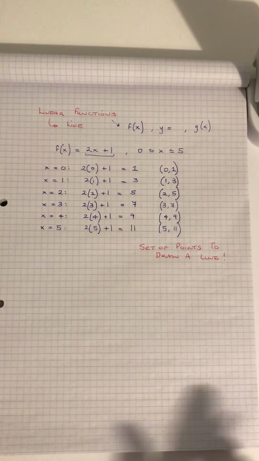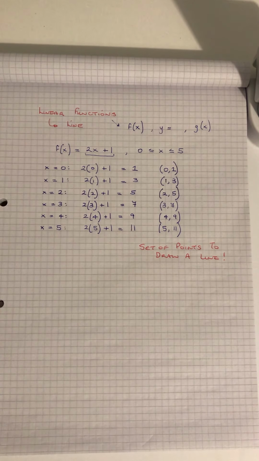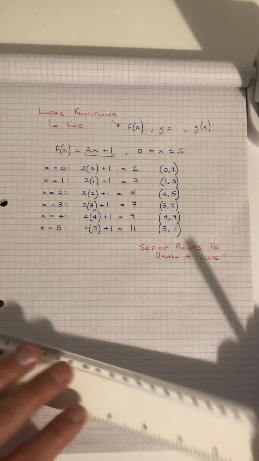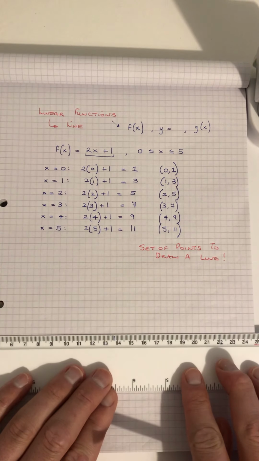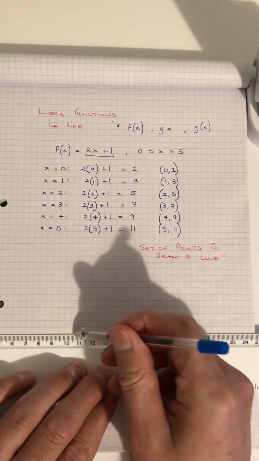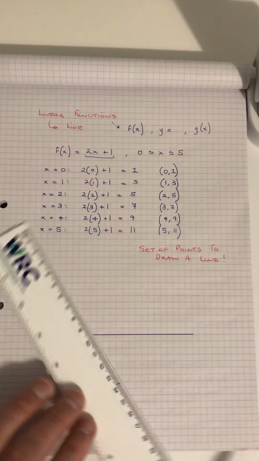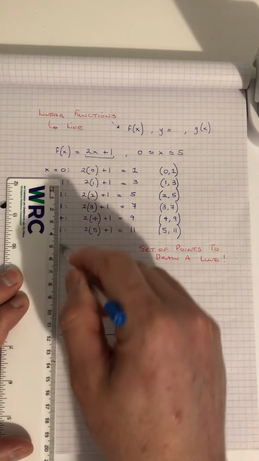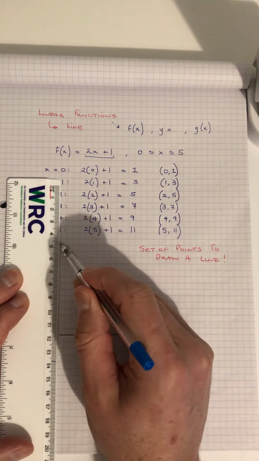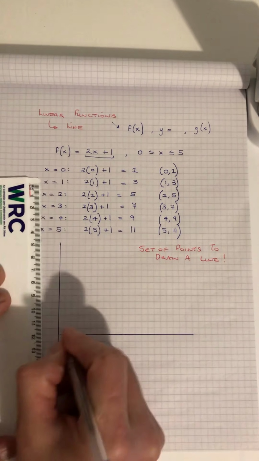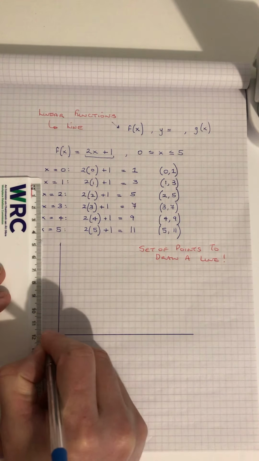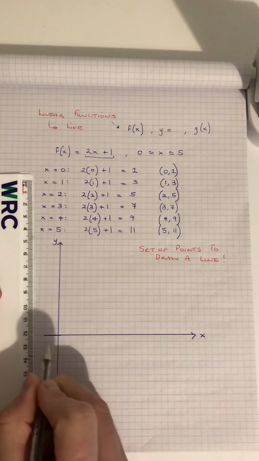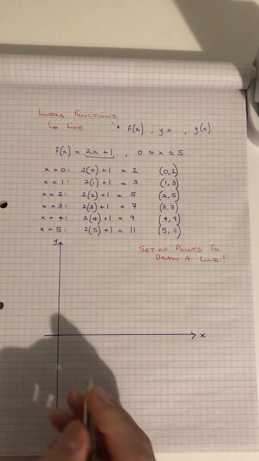Okay? So neatly in your copy then, your x-axis is going to go from 0 to 5. So draw out your x and your y-axis. So try keep it as neat as you can with a ruler. Like so. Your x-axis, your y-axis. There's no minuses, so I can ignore this here.